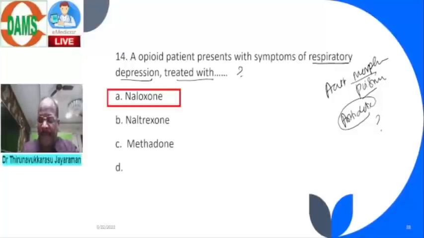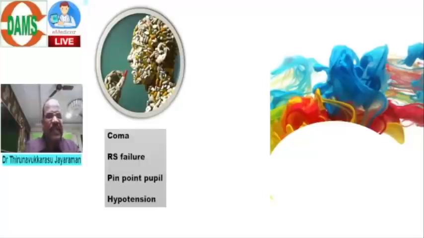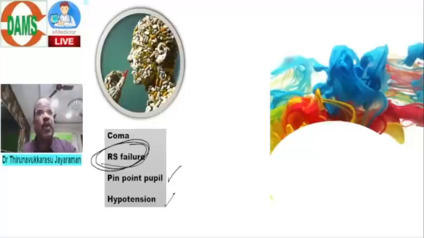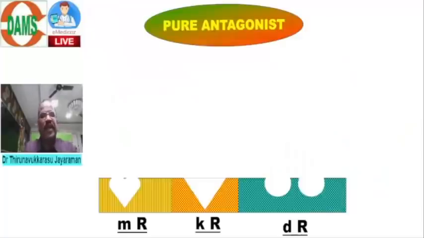Anyway, remember the point. If a patient having some drug overdose is presenting with pinpoint pupils, hypotension and respiratory depression, but no excess salivation or excessive sweating, mainly it's a case of morphine poisoning. So for morphine poisoning, we have some antidotes.